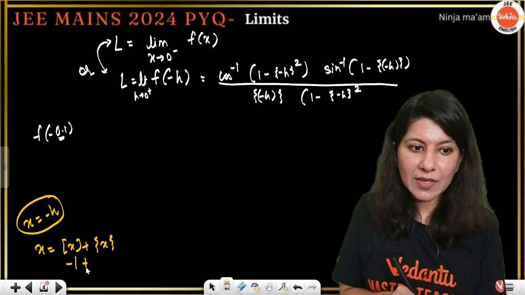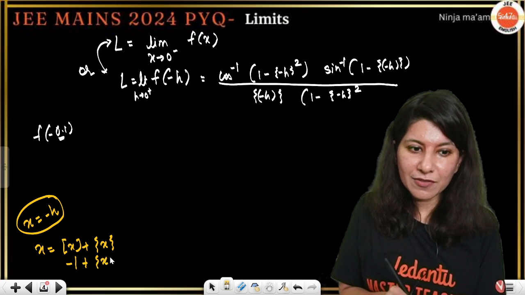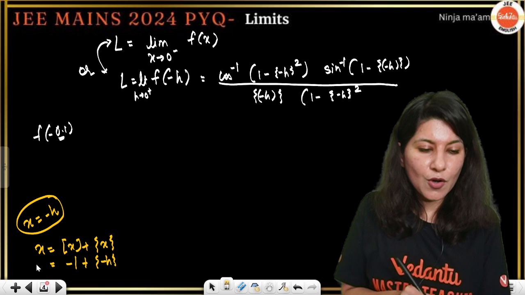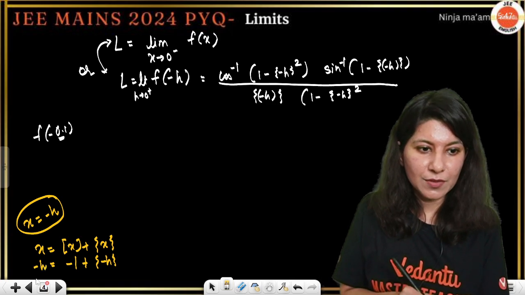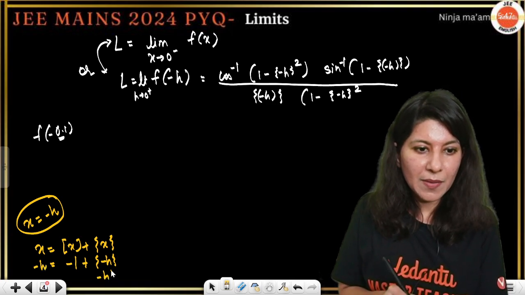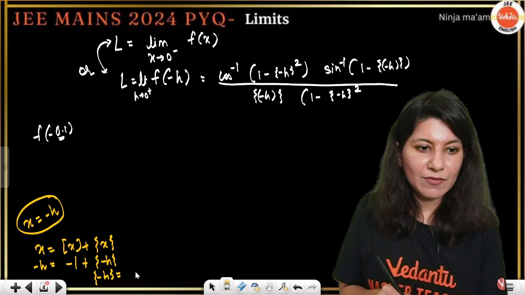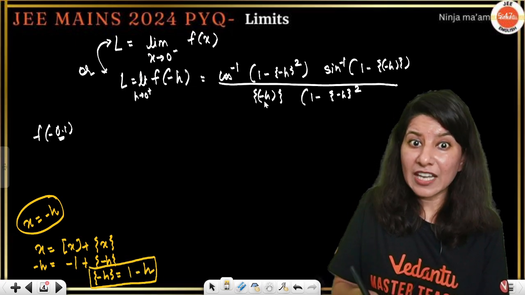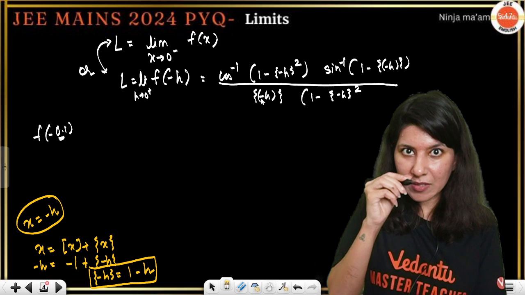So this is minus 1 plus the fractional part of minus h, and this is your minus h. So the fractional part of minus h will become 1 minus h.